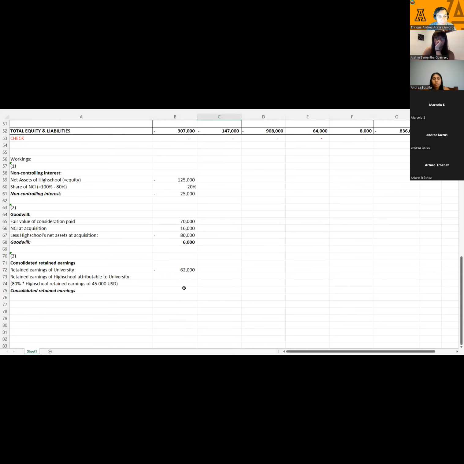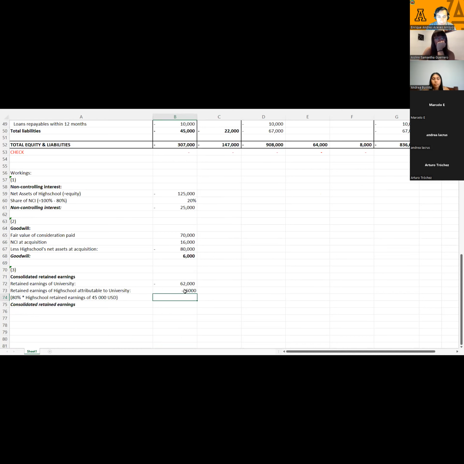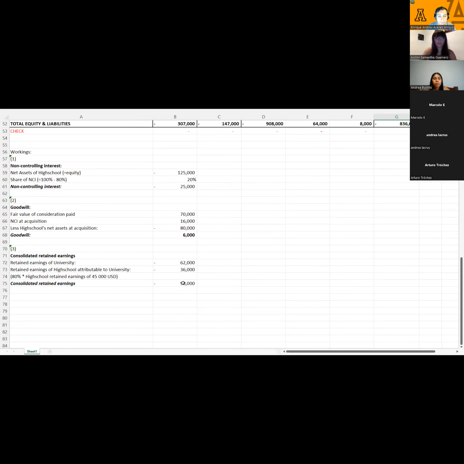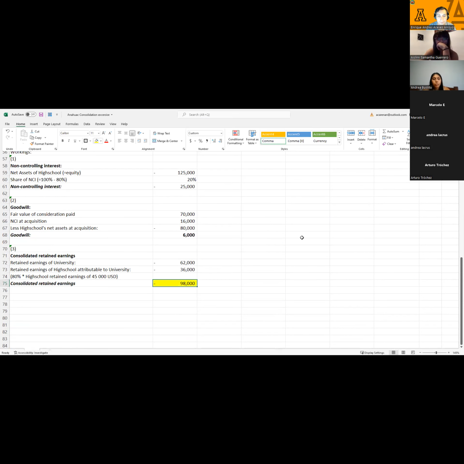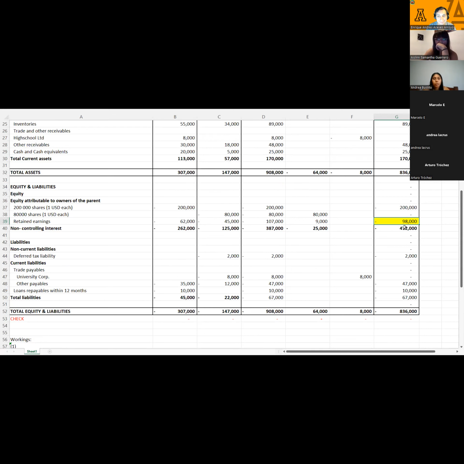80%. Let's do the math. And how much do you have in here? Voila, 90,000. And how much do we have in here? $90,000 and $98,000. Different ways, different methods, but the same result.